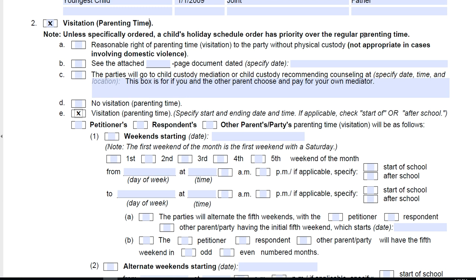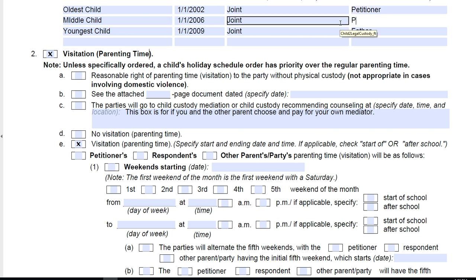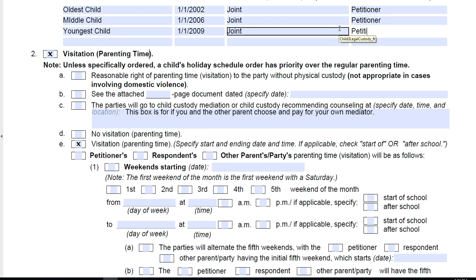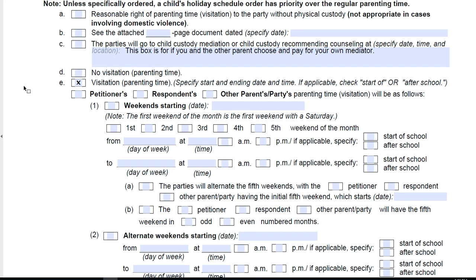Okay, well, let's change this a little bit and make it a little easier, and we'll make this petitioner has custody and respondent does not. So respondent may get some visitation, but we're going to work on that now.